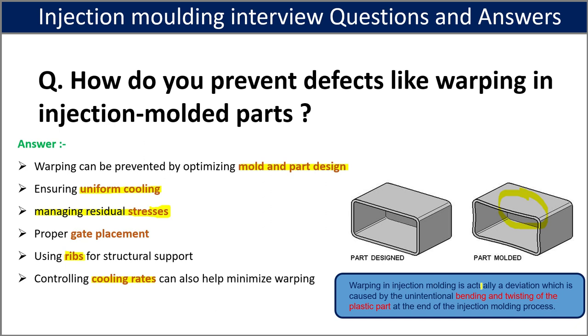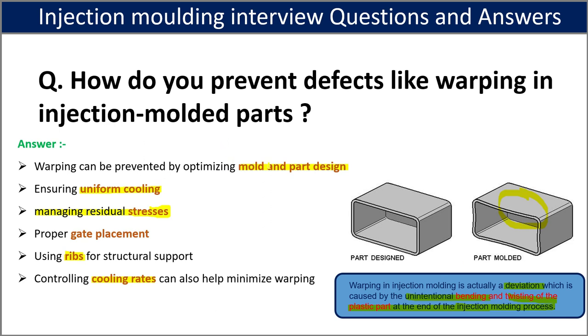Warping in injection molding is actually the deviation or deformation caused by unintentional bending or twisting of the plastic part at the end of the injection molding process. So after the injection molding process, if this part is bent or deformed across this complete surface, then this defect is a warping defect.